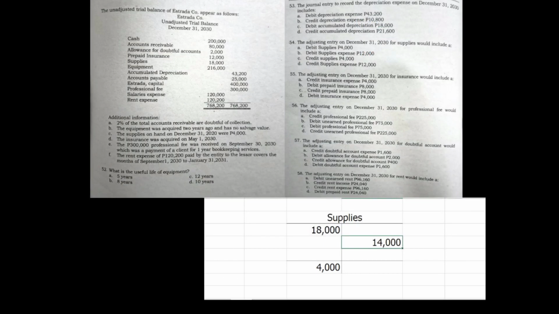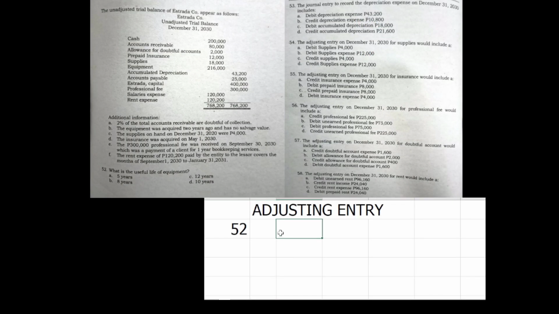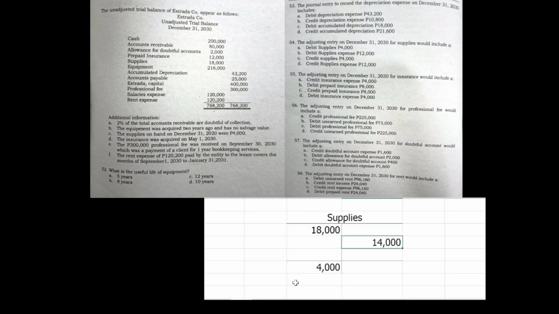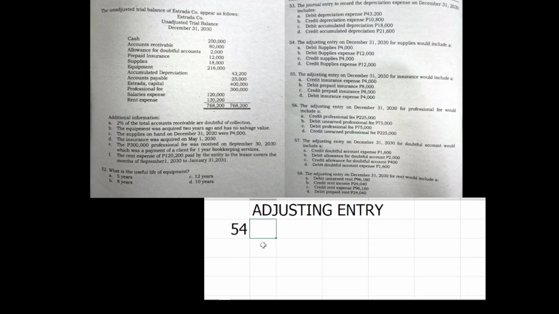Now, yung ating magiging journal entry dito for number 54, since yung ginamit natin kanina ay supplies, therefore asset method, so magiging adjusting entry natin at the end of the year ay magdi-debit tayo ng supplies expense, and then mag-credit tayo ng supplies. Kasi nga, yung 18,000, hindi na yung totoong amount.